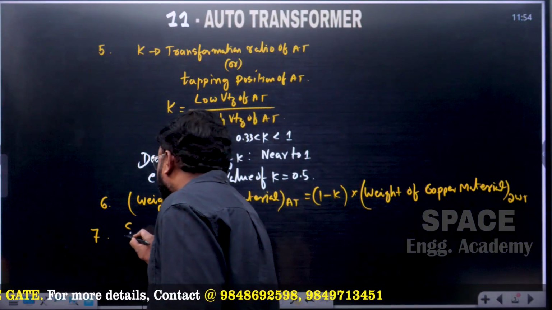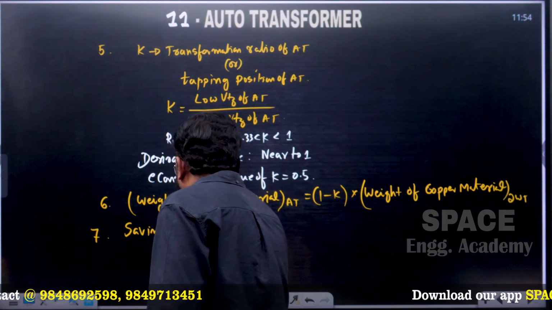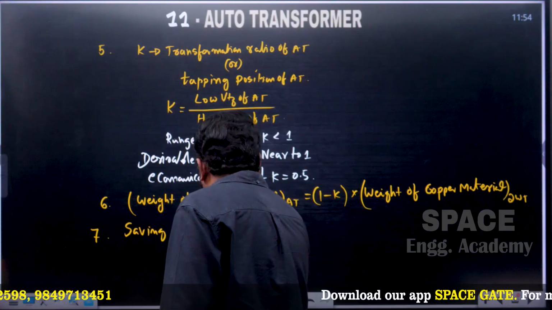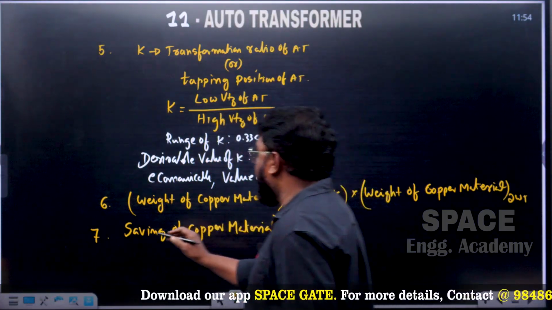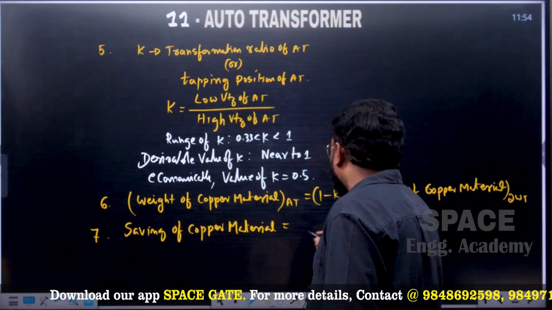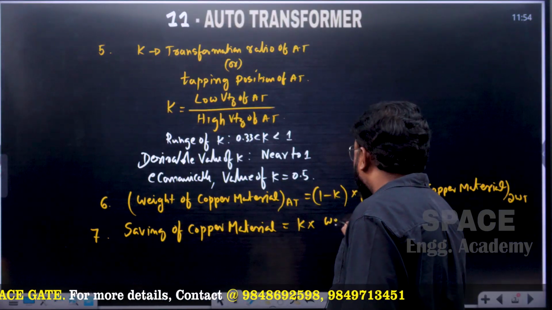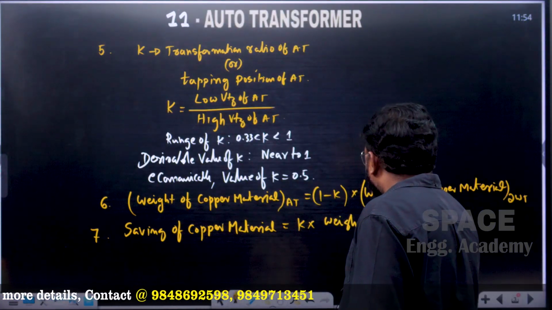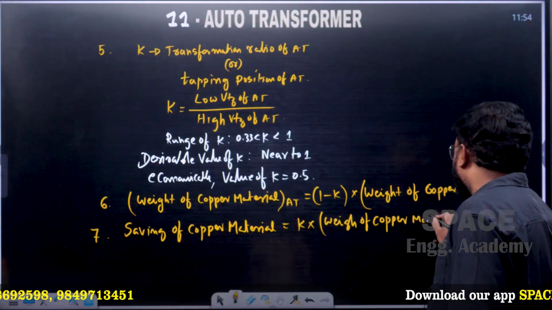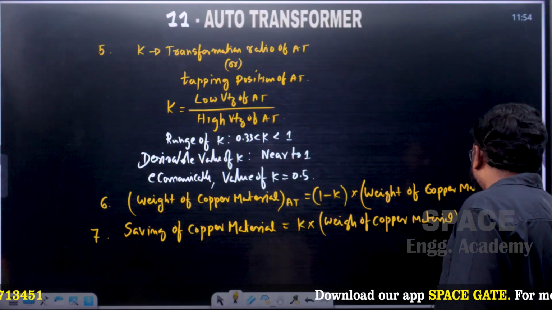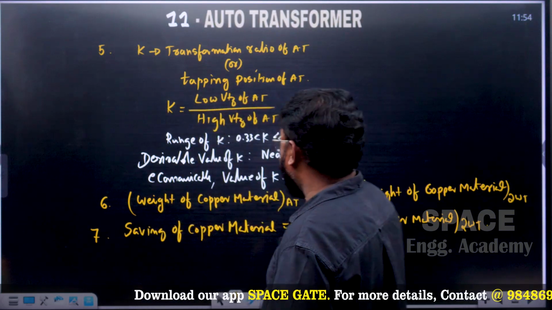So the saving of copper material is equal to K times the weight of the copper material in the two winding transformer. So this is also one more question, where saving of the copper.